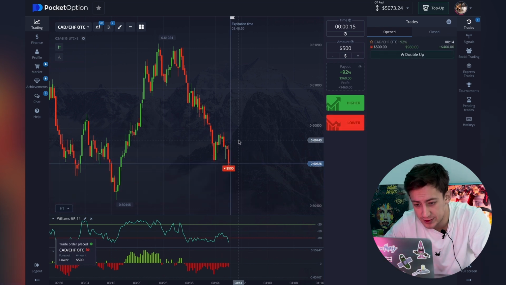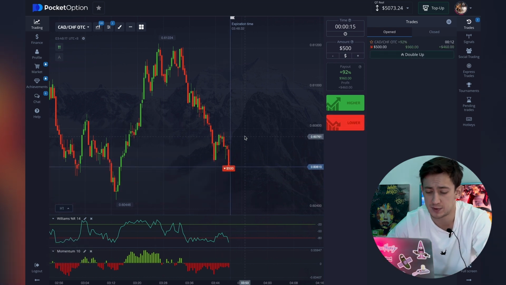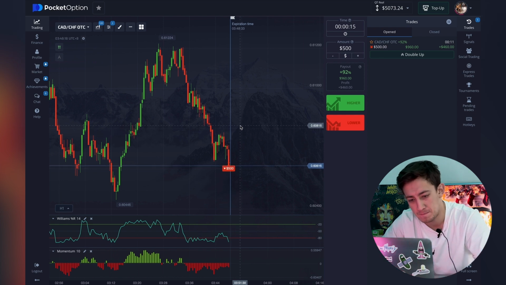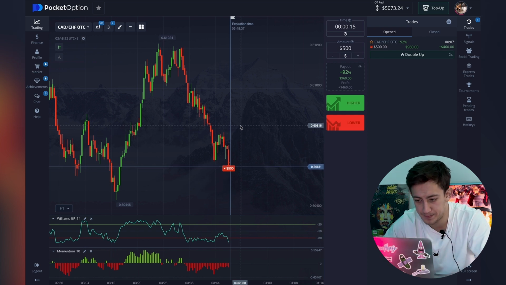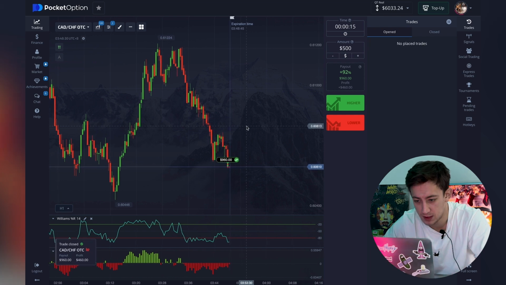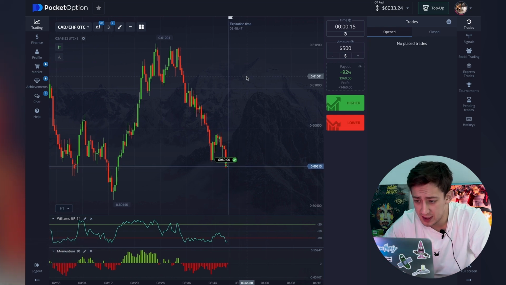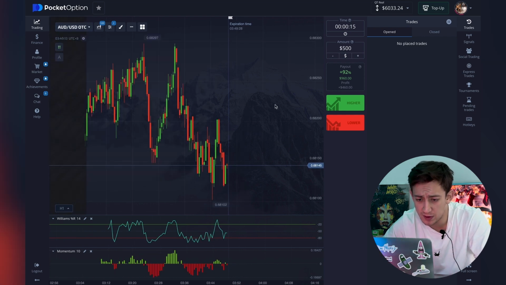Without wasting time, I enter a downward trade and expect a profit. Profit is gained, wonderful as always, and we move on again now.